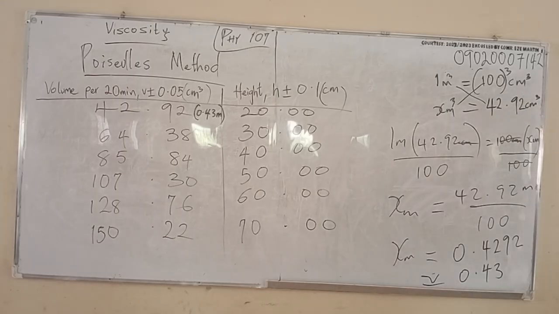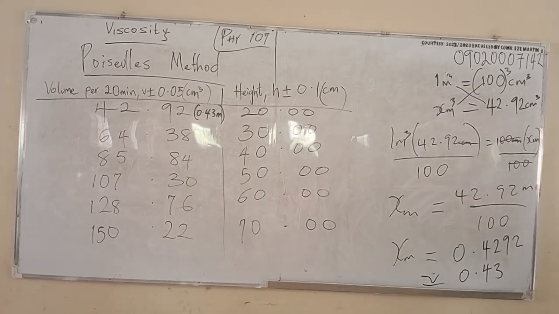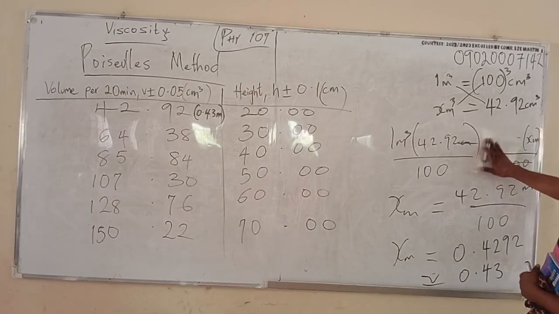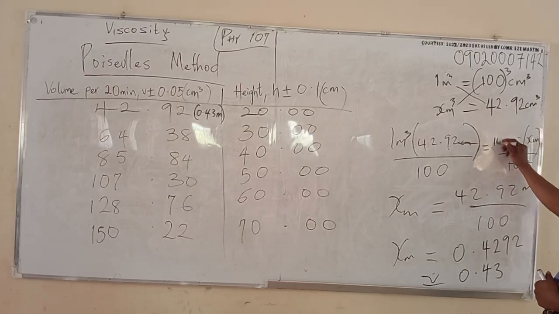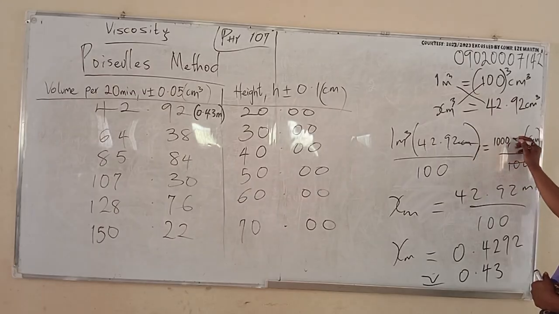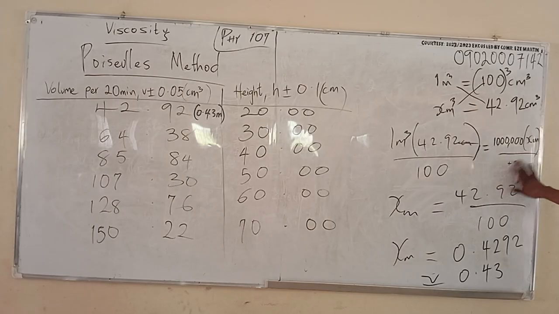So this is 1 meter cube, and this is 1 million. That equals 42.92 divided by 1 million.